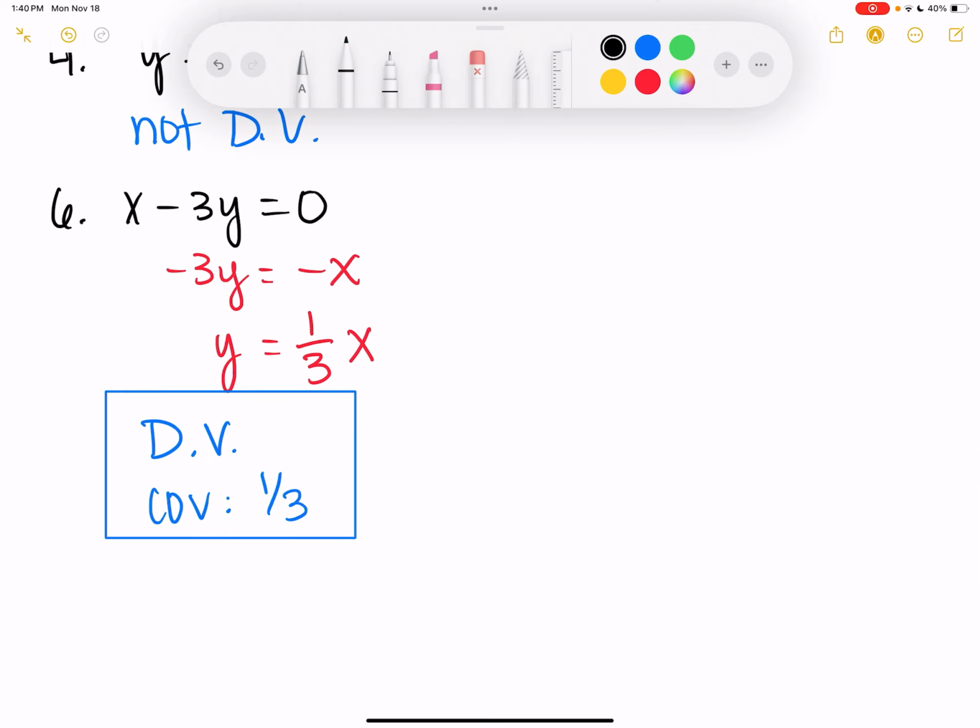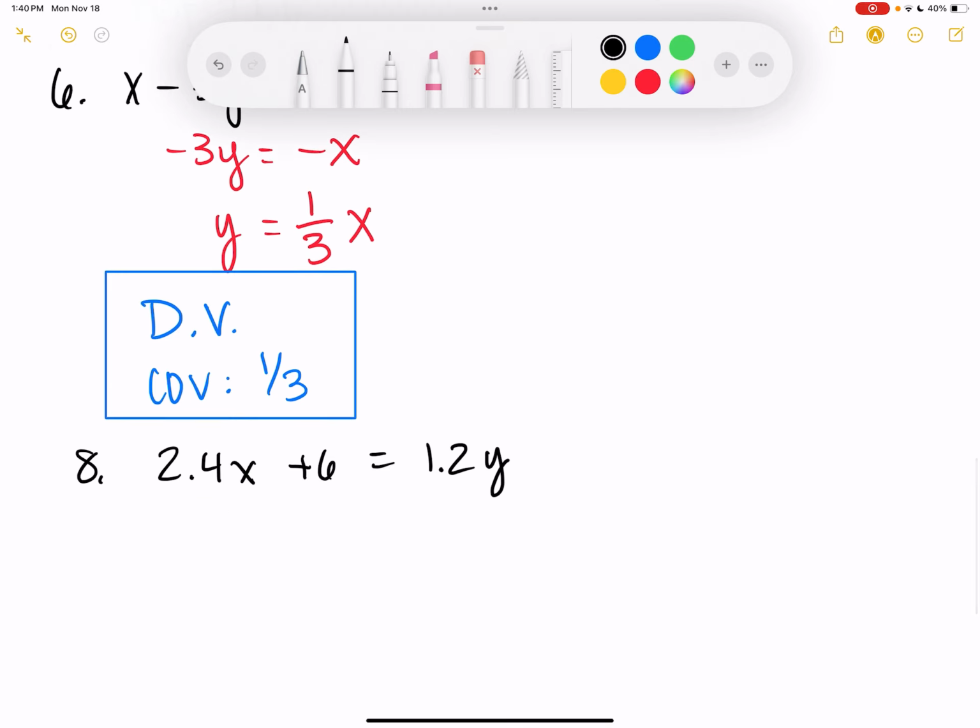Number 8: 2.4x plus 6 equals 1.2y. Is y by itself? No. What do I need to do? Divide by 1.2, so I get 2.4 over 1.2 times x plus 6 over 1.2 equals y.